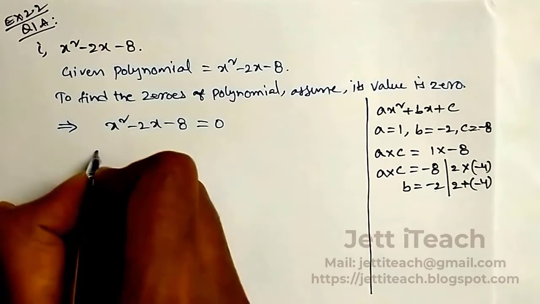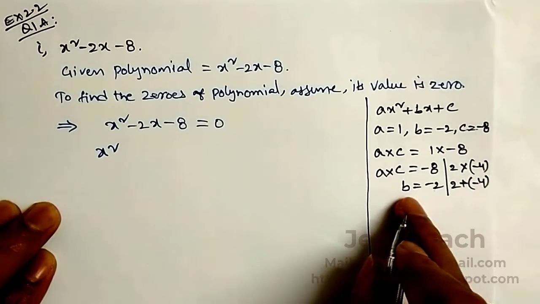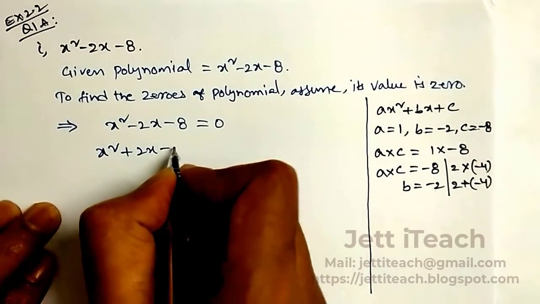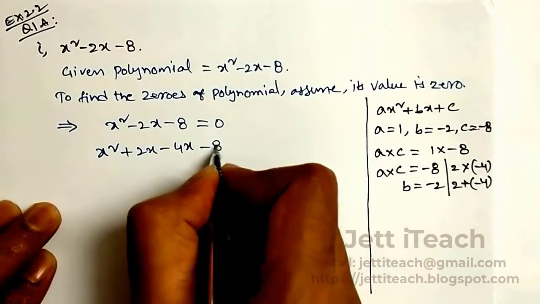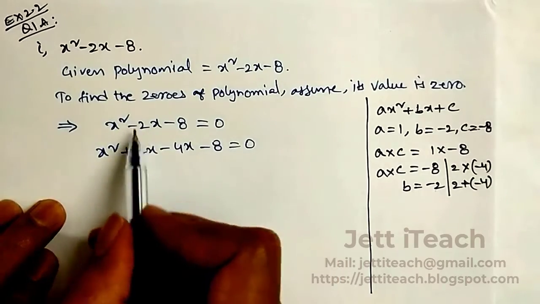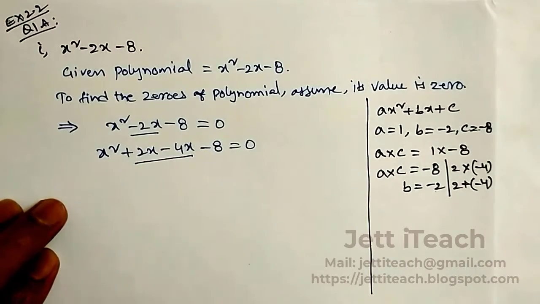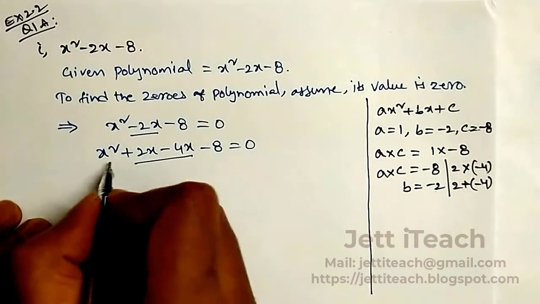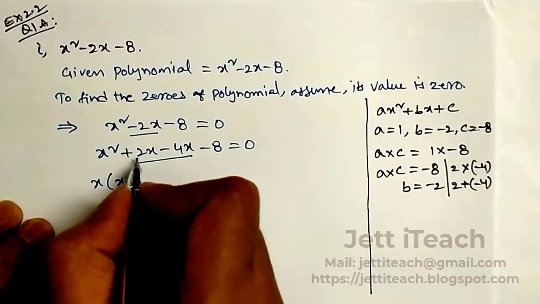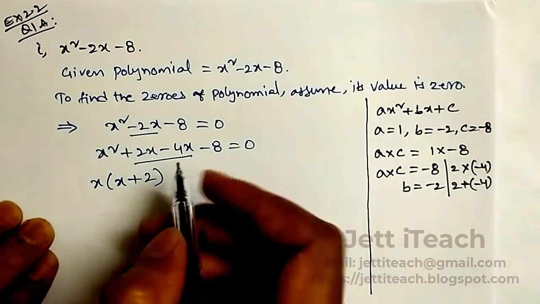Now you can write x square, and b is minus 2, so you can write plus 2x minus 4x minus 8 equal to 0. I wrote this term like this: 2x minus 4x is minus 2x. Now what's the common term? x is common here, so x into x plus 2. I have taken x as common.